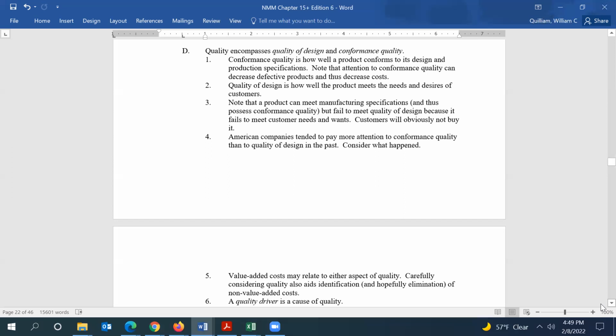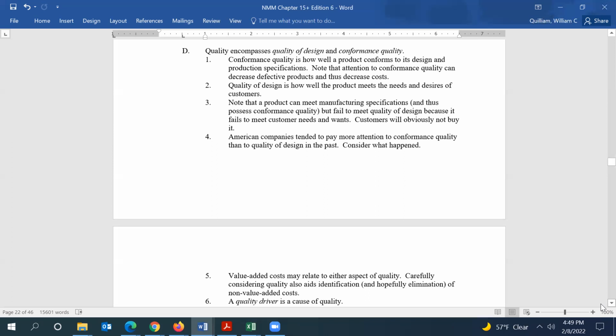Sure, we certainly can. For example, if we were building an ugly automobile, it might be built very well, but if no one wants it, they won't buy it. So that's an example of a product that has high conformance quality. It's built well. Low quality of design because nobody wants to buy it.